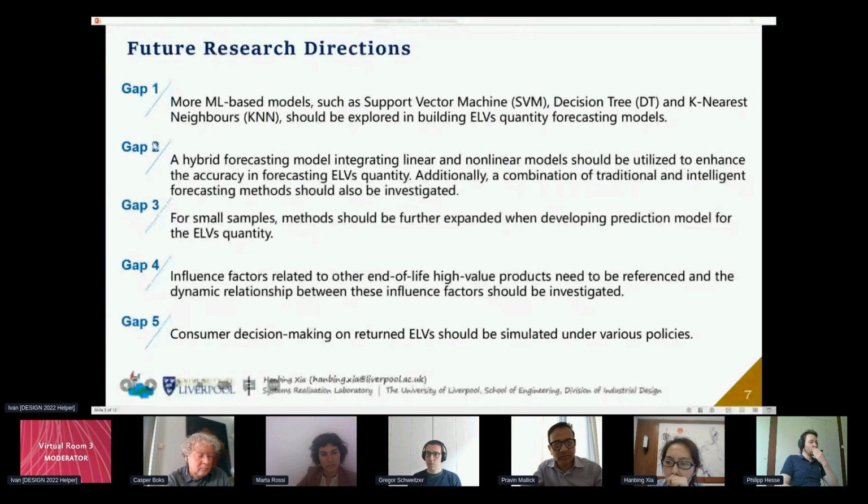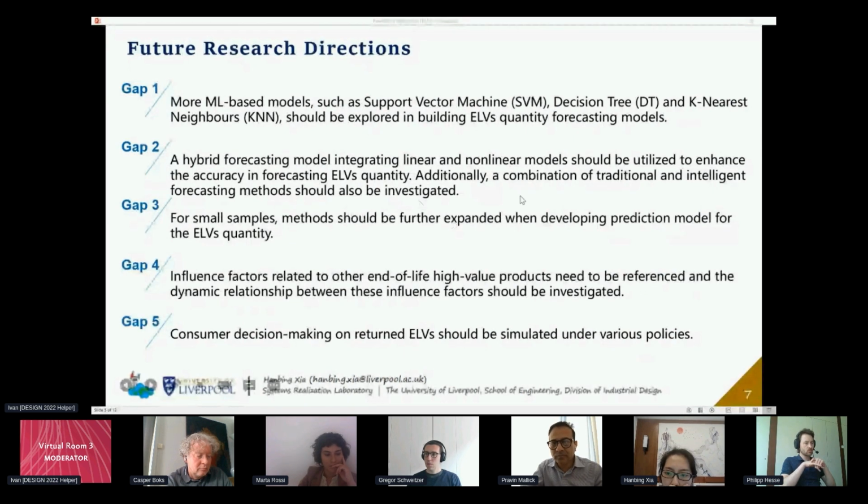And then, to overcome the constraints of each component model and increase forecasting performance, we put forward the second gap, which is that a hybrid forecasting model integrating linear and nonlinear models should be utilized to enhance the accuracy in forecasting LV's quantity.